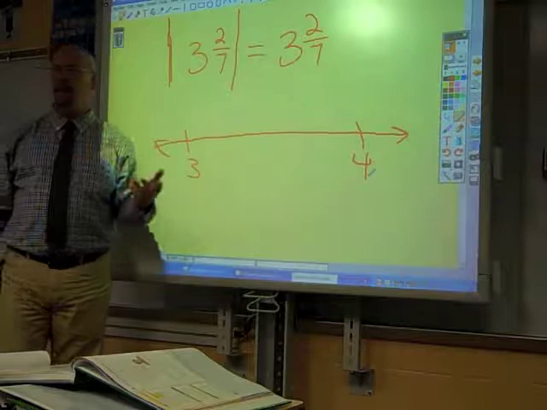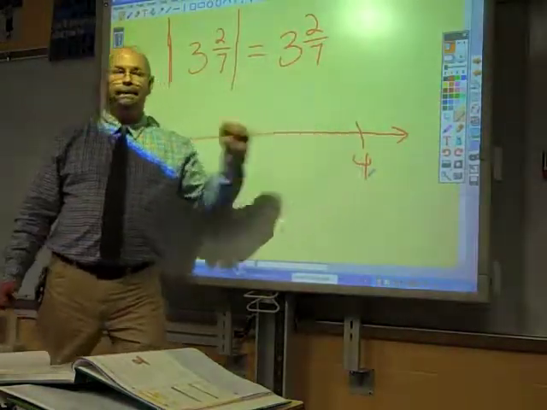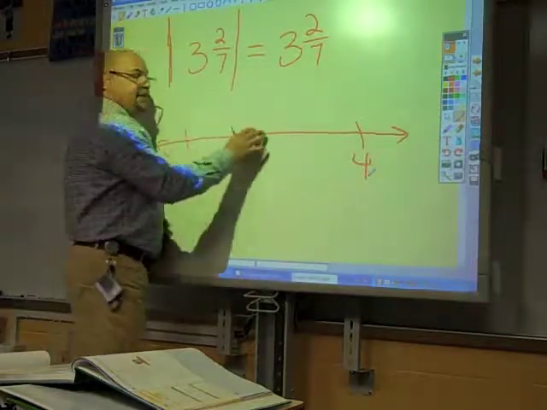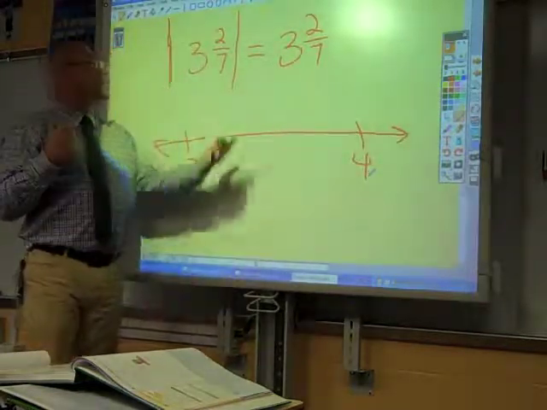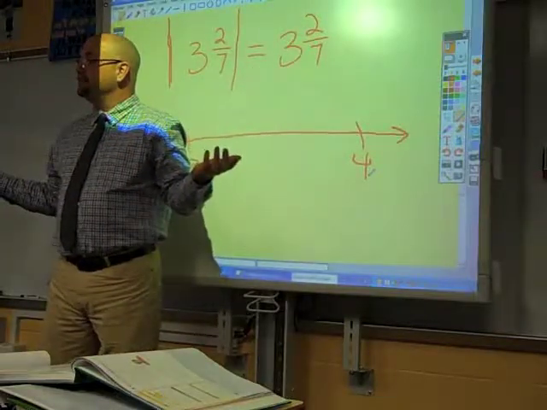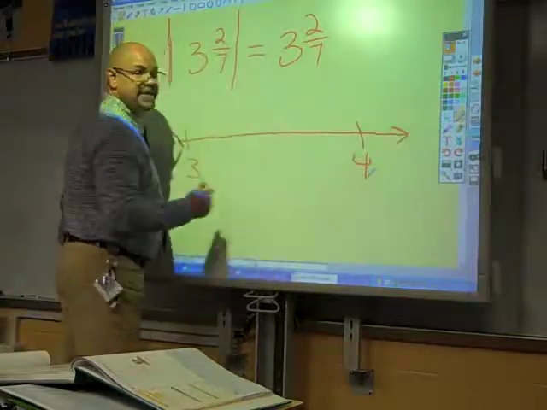Anybody have an idea about what I might choose to divide this into? Madison? 7s. If I divide this up into 7s, all I would have to do is count over 2 of them, and that would be exactly where it lived. So as carefully as you can, you're going to divide this space up into 7s.